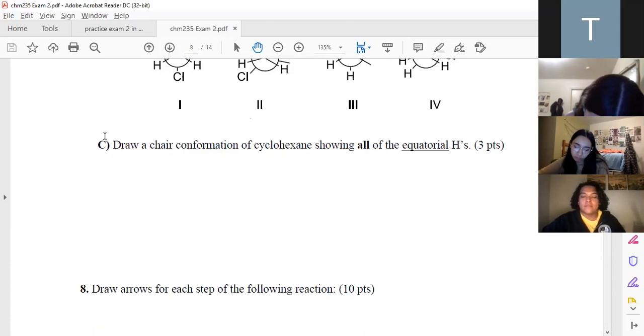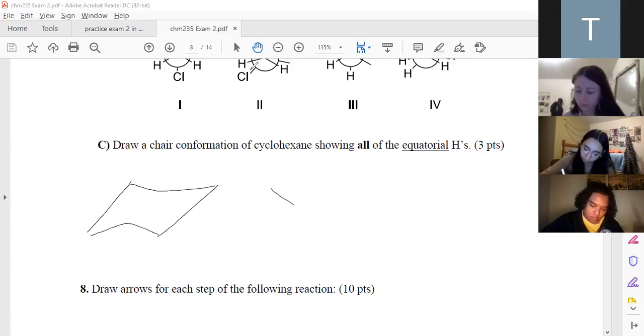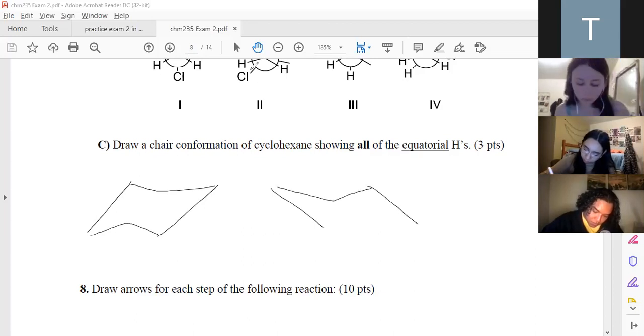Oops, if I turn on the writing tool. Oof, those are some nasty looking chairs.